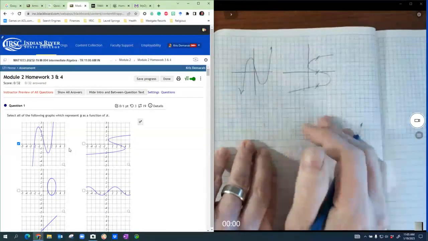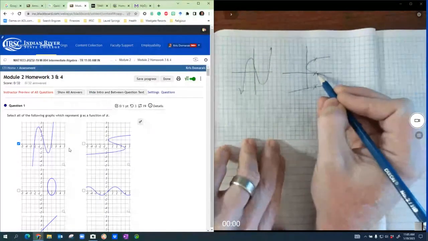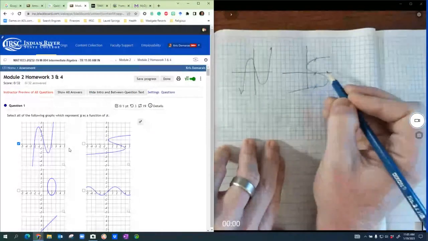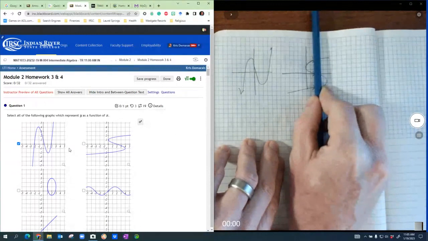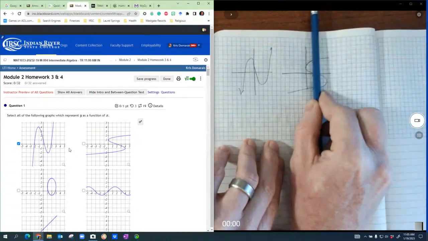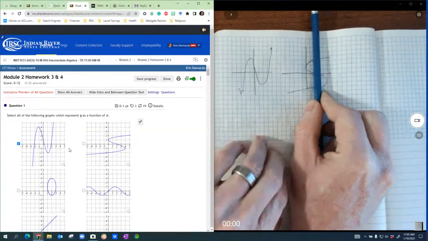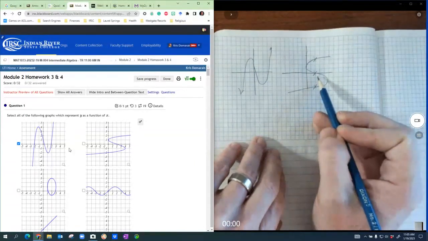That would be three contacts, which means for that point of interest, let's say x equals 2, there would be three output values for that unique input value of 2. So that would fail to be a function.